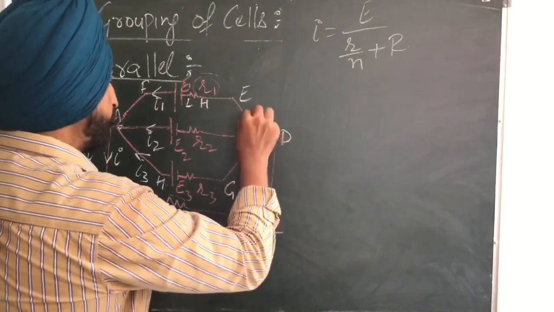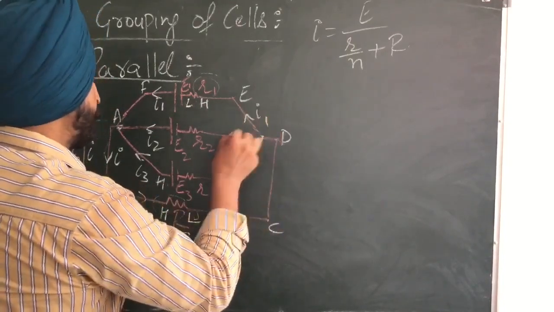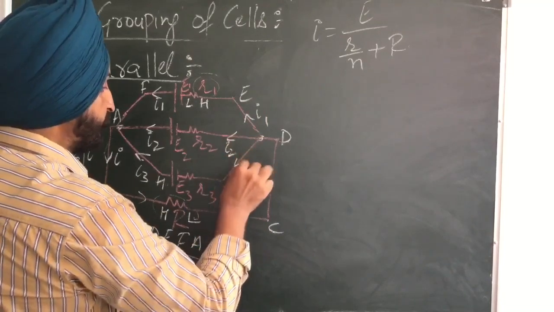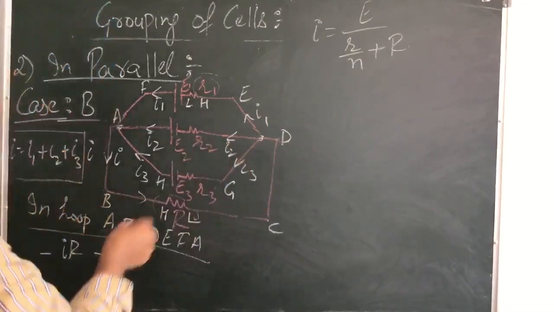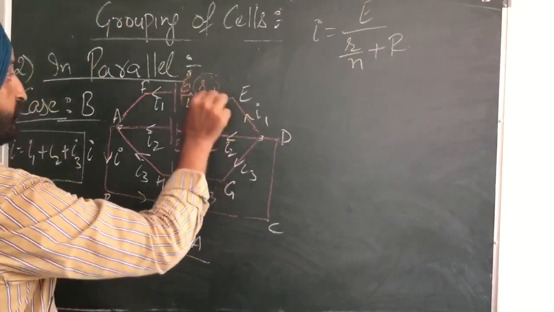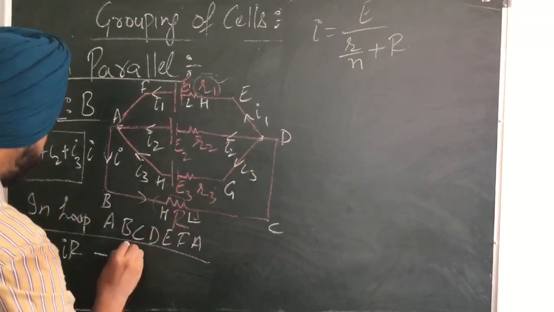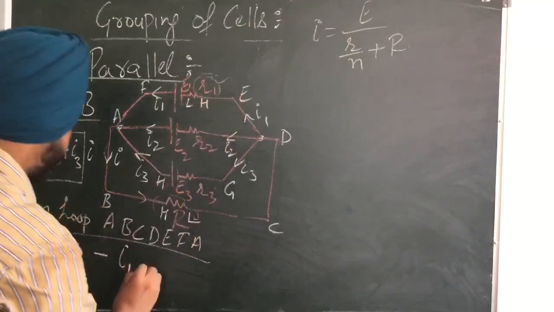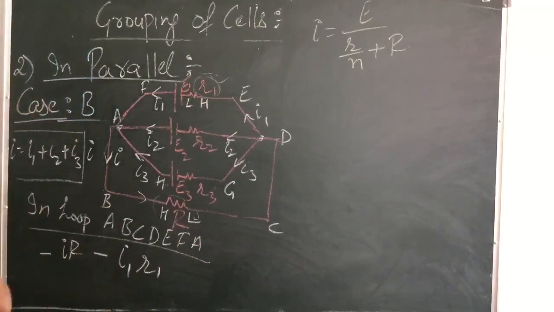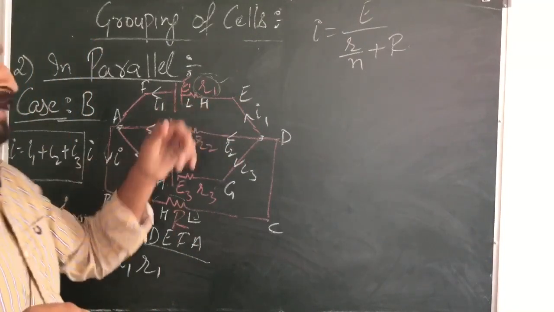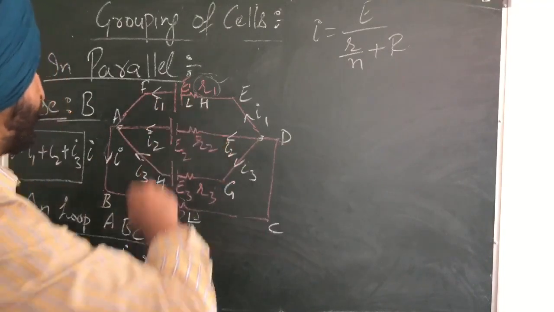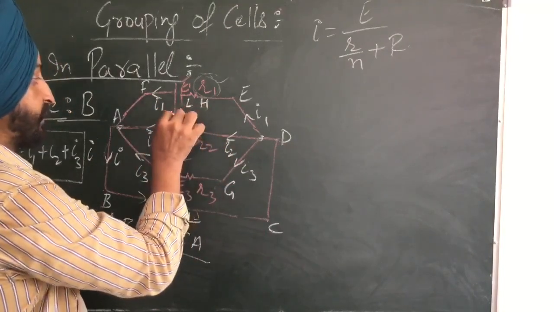Again at this point, I1, I2 and I3 will move in their respective directions. That means the current passing through the resistor R1 would be I1. So it is I1 into the internal resistance R1, and then I encounter this battery. I encounter the negative terminal, which means this is low potential and this is high potential.